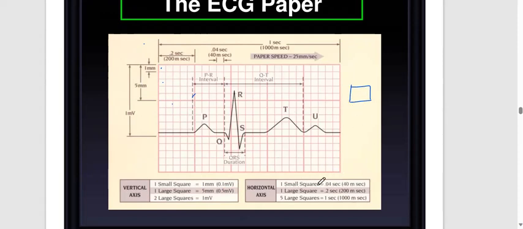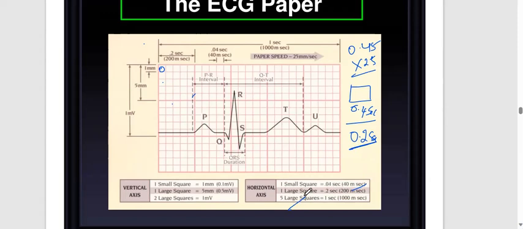So for one small square, it will take 0.04 seconds. For a large square, it will take 0.2 seconds: 0.04 multiplied by 5. Okay, 200 milliseconds.